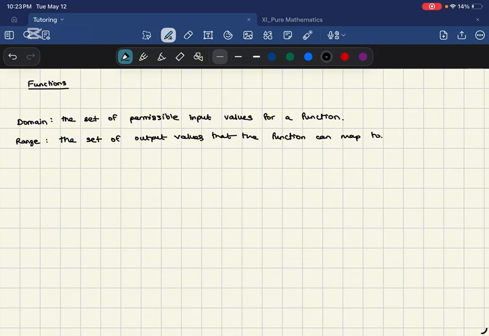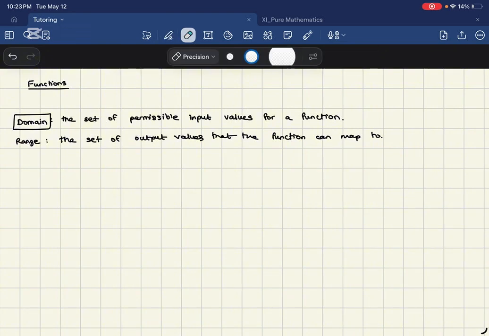What values of x can you put into a function? That is your domain. And what is the range? It is basically the output values that the function is mapping to. That is going to be your range. So the set of output values is called the range, and the set of acceptable, permissible input values for a function is your domain.